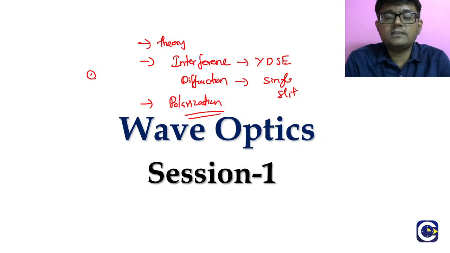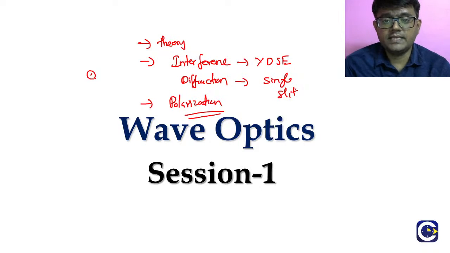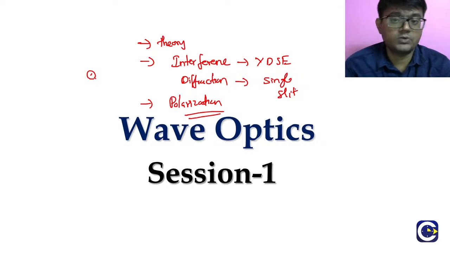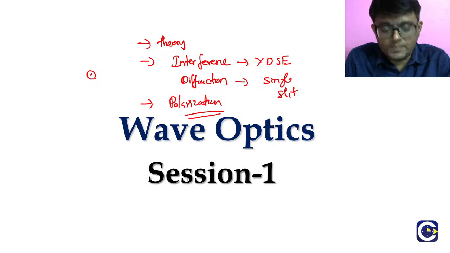So that is the importance. In any examination, whether it is NEET or JEE, we will definitely have questions from the ray optics part and the wave optics part also. But the advantage with this part is you'll have more surety of getting answers for those questions. So we'll begin our discussion with wave optics.